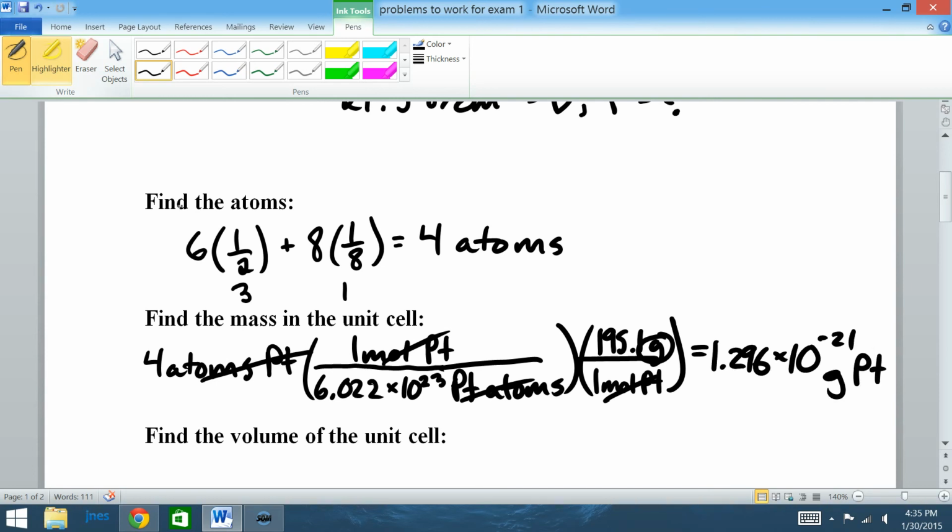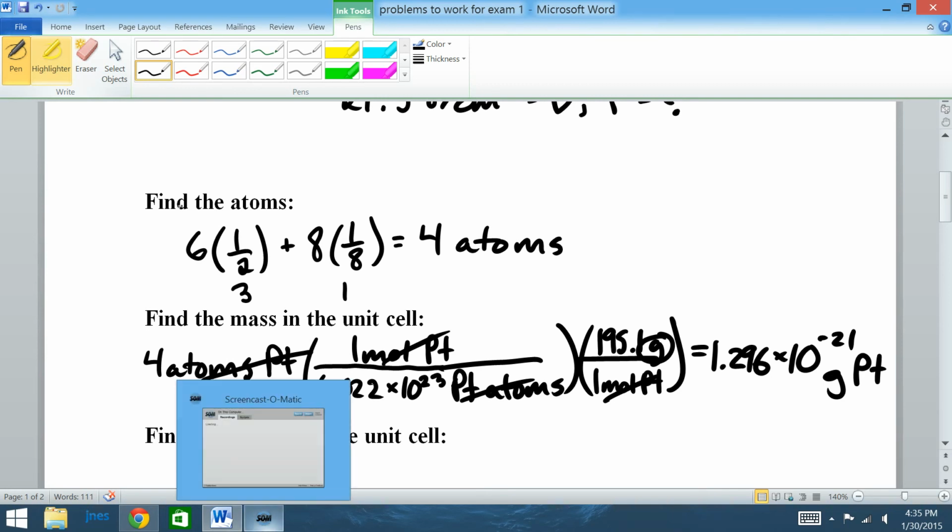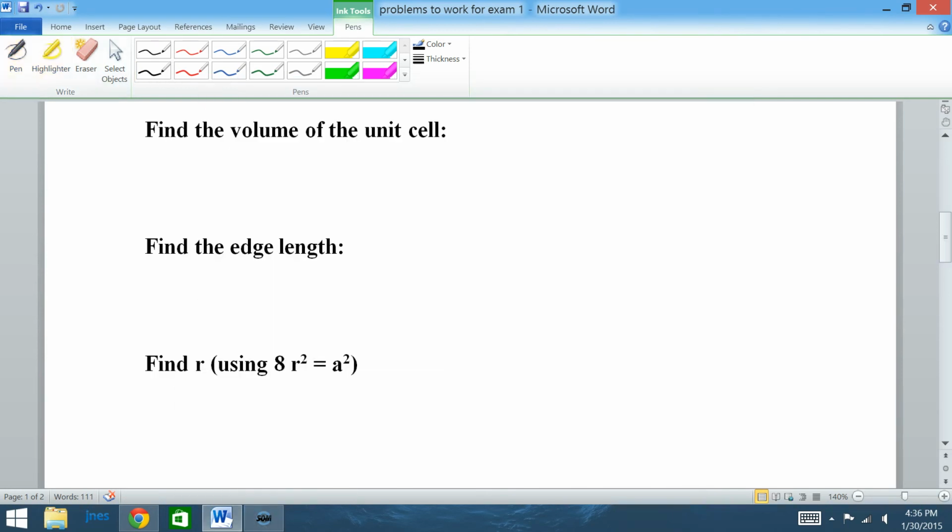Now, for this problem, I know the grams, and I was also given the density early on in the problem. So just taking note of what we have available, D equals M over V. I know D given. I just solved for M, so now I can use this equation to find my volume.